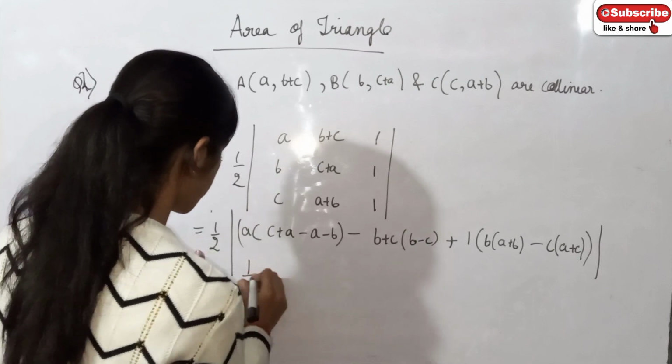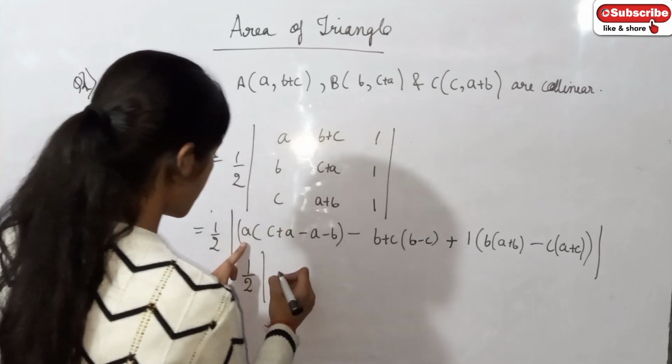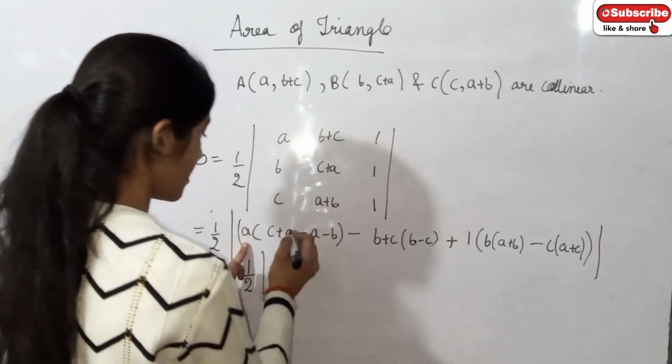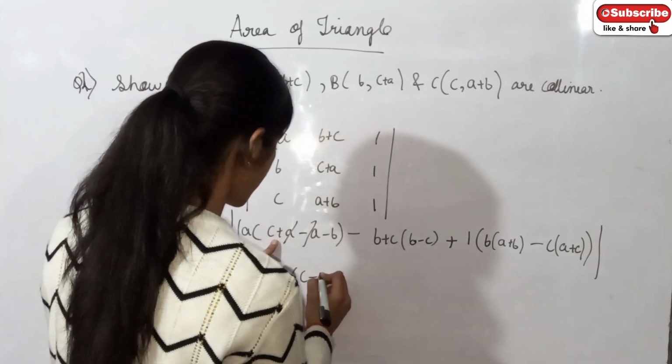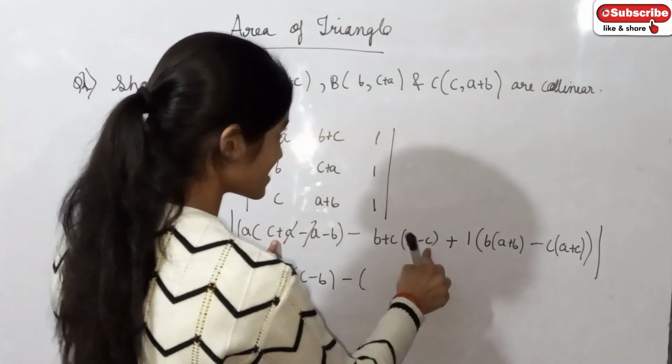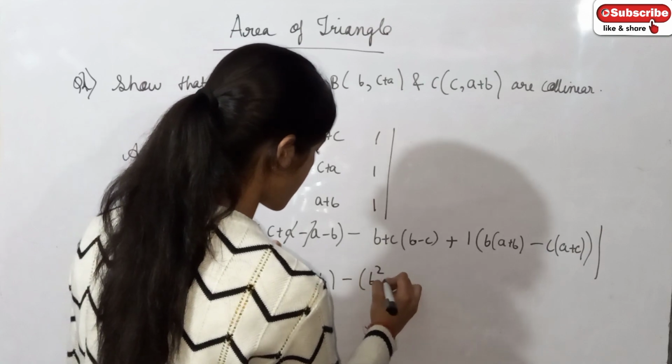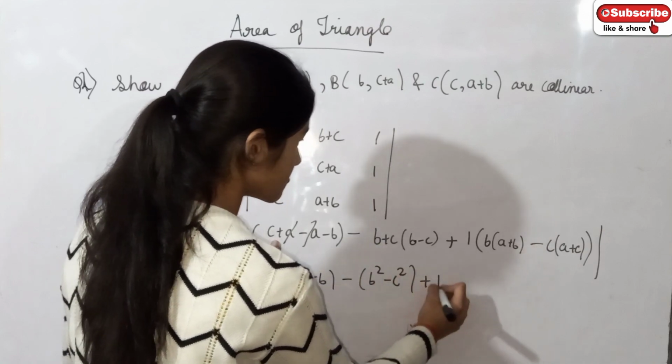So now find out. A gets cancelled out, we get C minus B minus B plus C and B minus C, which is equal to B square minus C square plus 1.